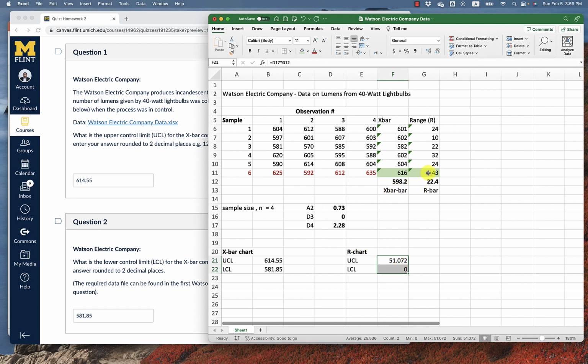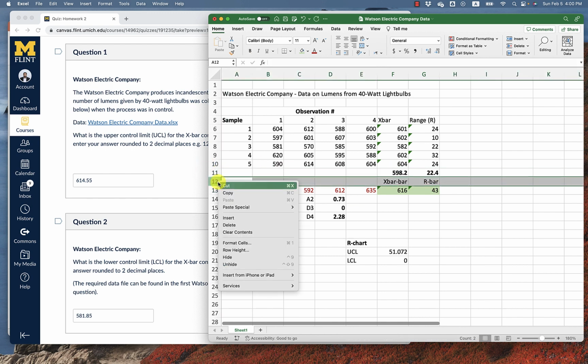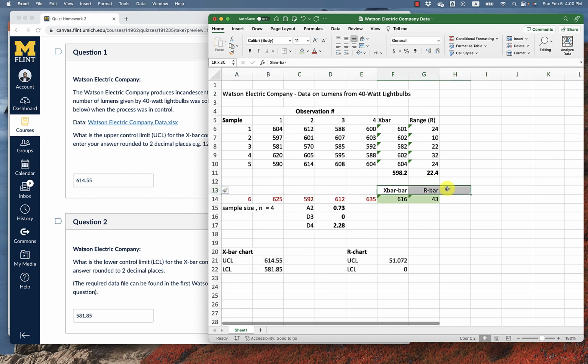For the new sample, I'm just going to move it out of this table to avoid affecting these values. It's probably just better to keep it outside the table, because I don't want this to affect the X bar bar and R bar. These should stay the same as what we put in up here.